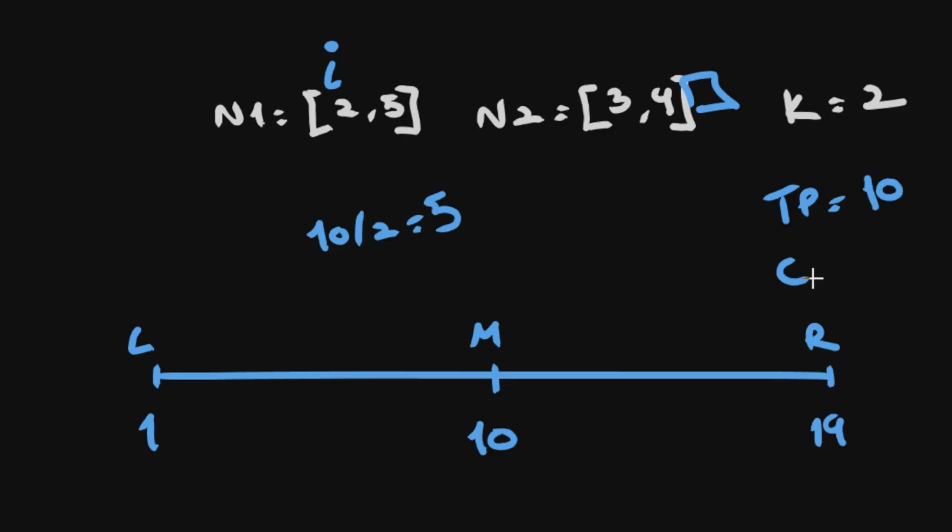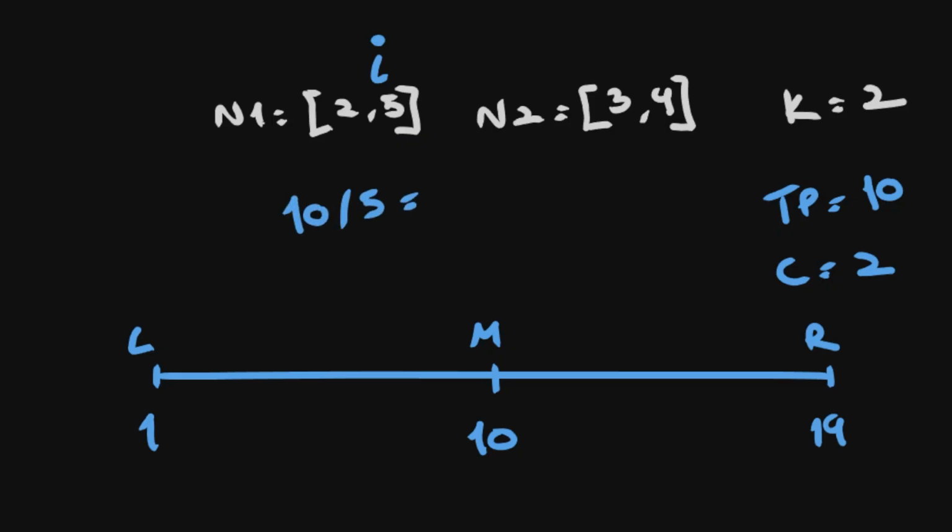So we add to the count 2, we update I, we're here, and now our target is 10 divided by 5. So the target is 2. And if we run a binary search with 2 here, we will get this, meaning 0. So we add 0 to the count, and now the count is equal to k.